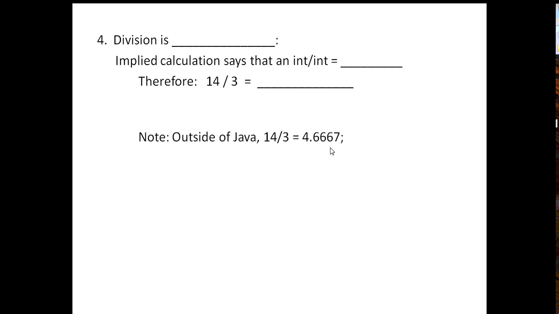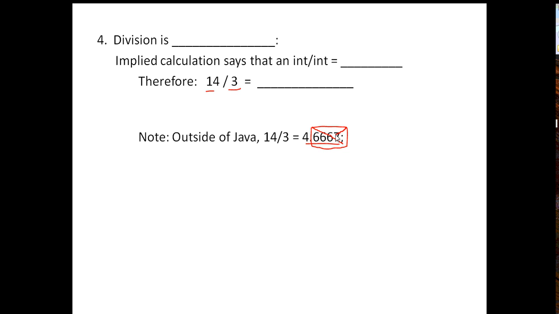If you said that 14 divided by 3 is 4.667, or 4.6 repeating, then that is incorrect, because 4.667 is not an int. This is a double. It's a decimal. So 14 divided by 3, this is an int, this is an int, the answer must be an int. It can't be 4.6667. So here's what you do. You take the decimal and you just chop it right off.